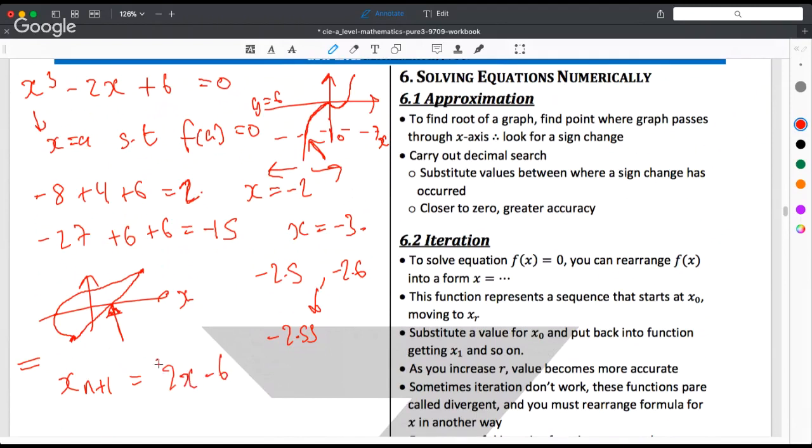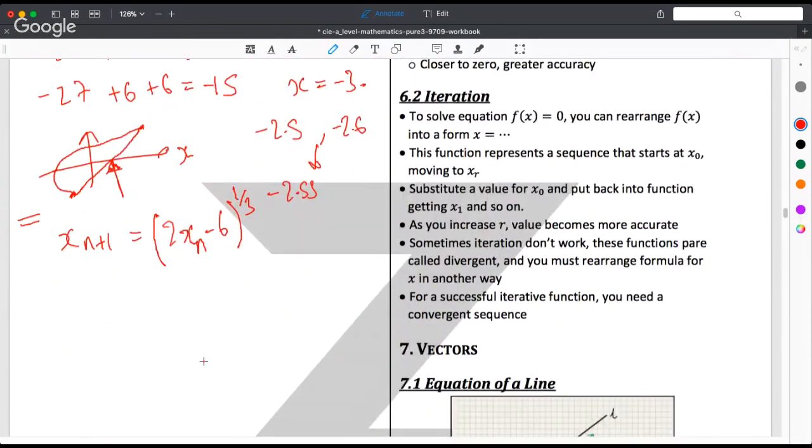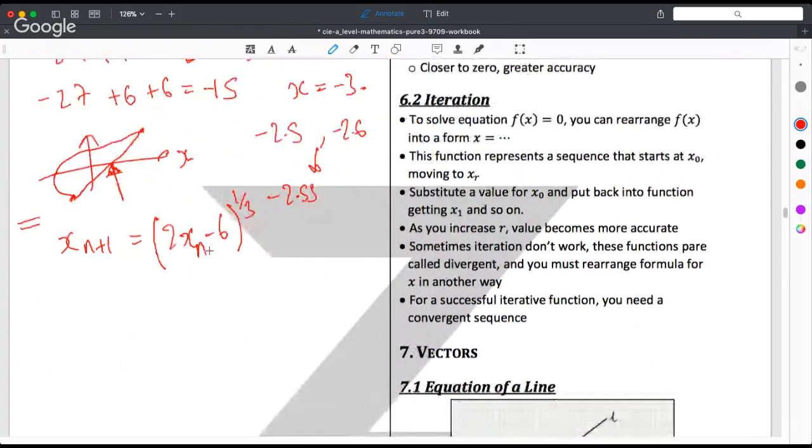And what this iterative formula is saying is that if you have some value x(n), to get the next best approximation, you put that value in this formula, you double it, you take away 6, and you take the third root, and that gives you the next one. And then to get the n+2 one, you put in the cube root of 2x(n+1) minus 6.